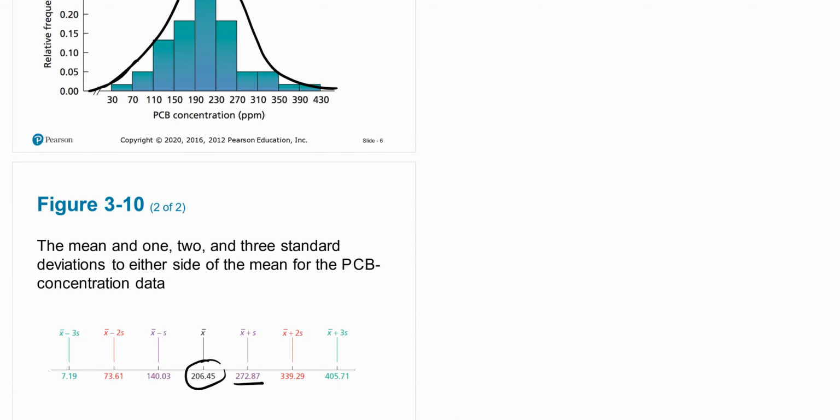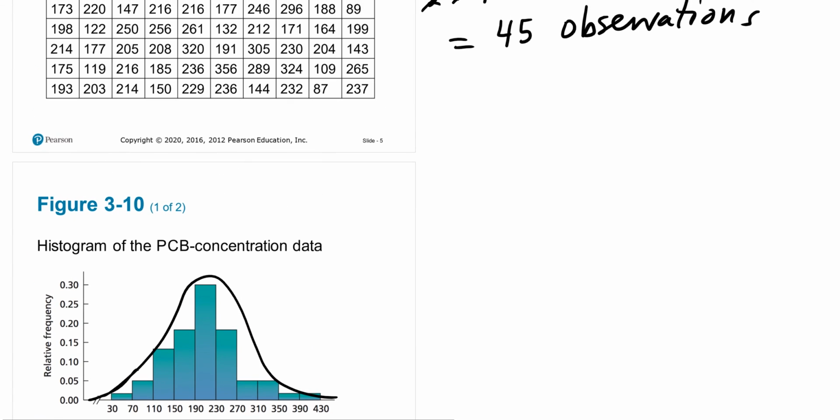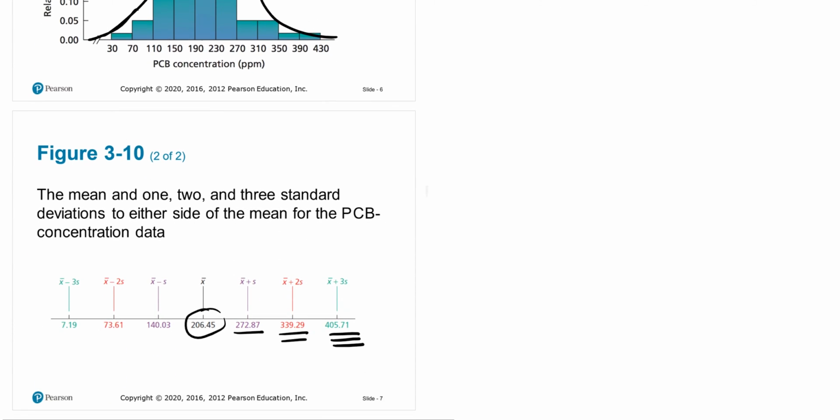And they went out by 1 standard deviation, 2 standard deviations, and 3 standard deviations above and below the mean. If you plot all of this given data, you'll find possibly all the data falls within 2 to 3 standard deviations from the mean, above and below the mean. That's what the empirical rule says.